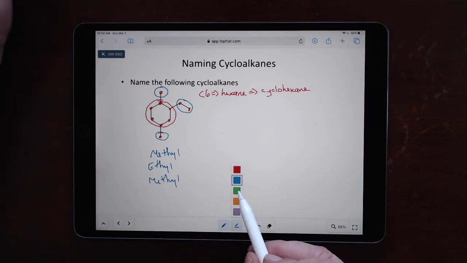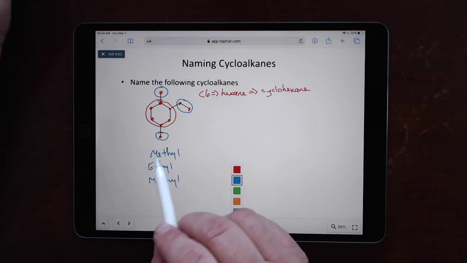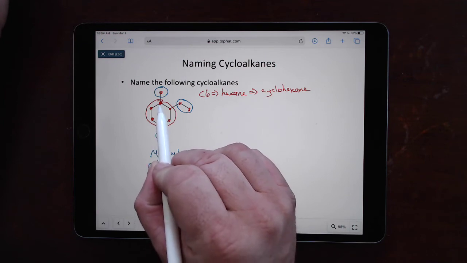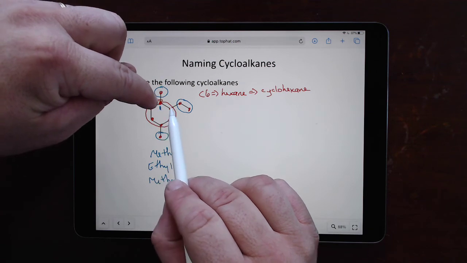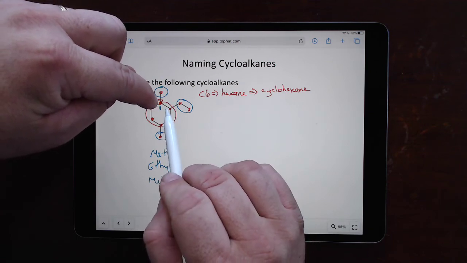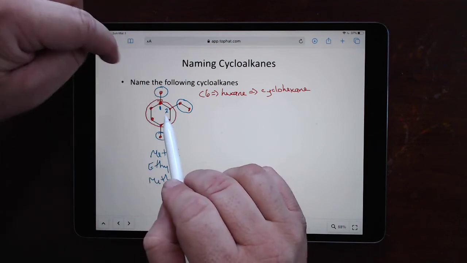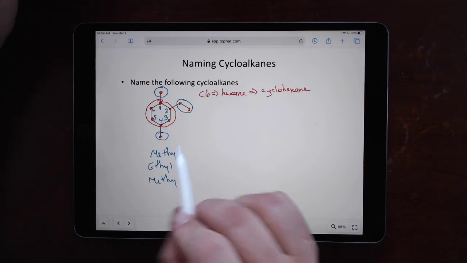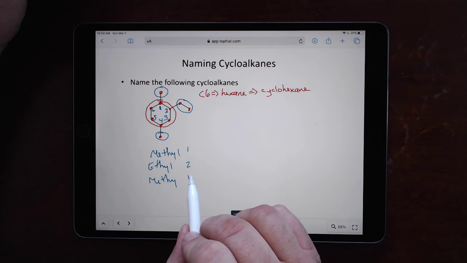First, we'll give this one a chance to be number 1. The nearest side chain neighbor is here, so we go that way. So 1, 2, and then just keep going around: 3, 4, 5, 6. That would make the numbering 1, 2, and then 4.